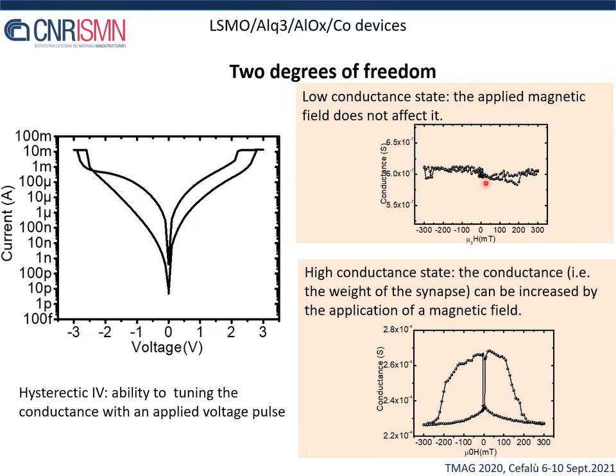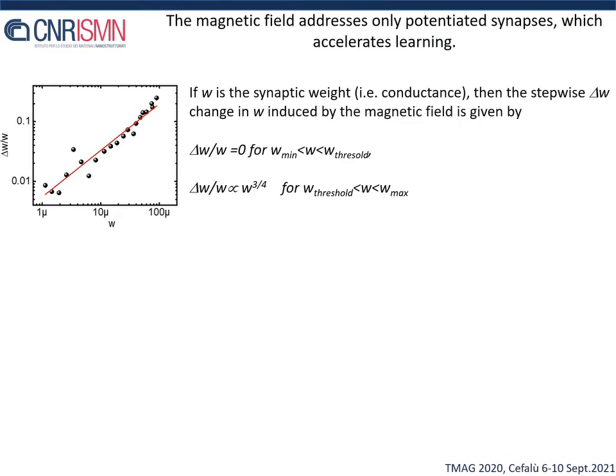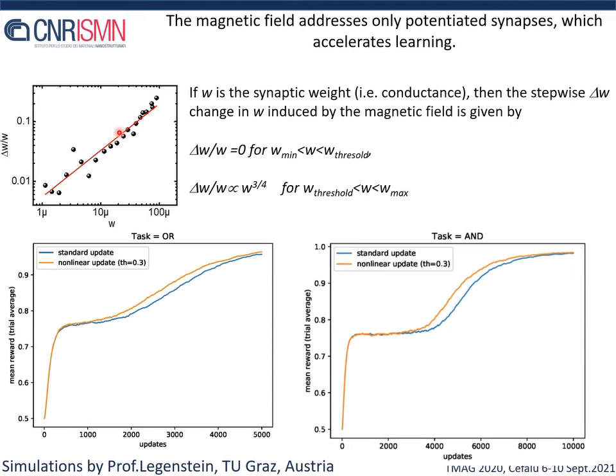Professor Robert Legenstein of the Graz University of Technology simulated this behavior in a reinforcement learning algorithm. We modeled the magnetoresistance versus conductance behavior of the devices with a simple power law. This update law was used in a test reinforcement algorithm to learn the task OR and AND.